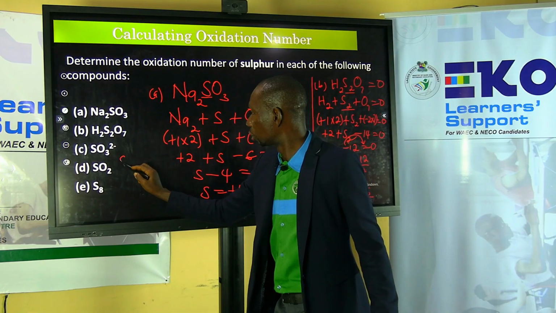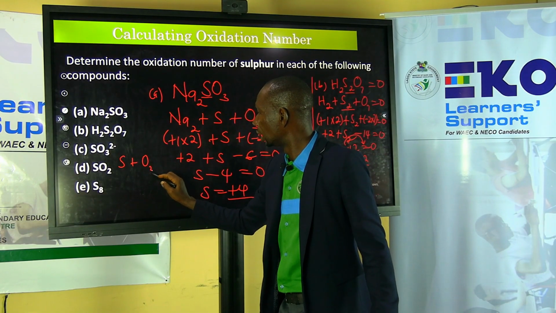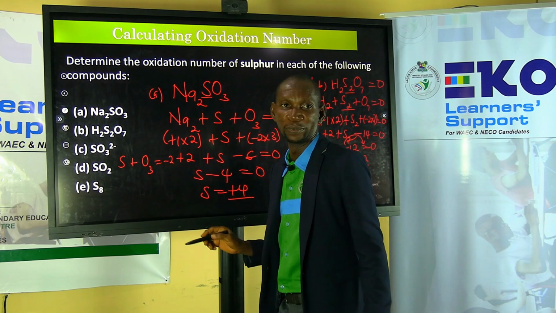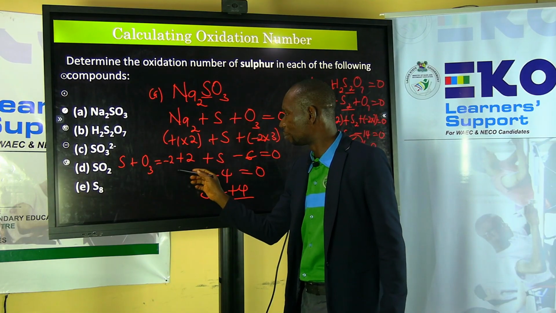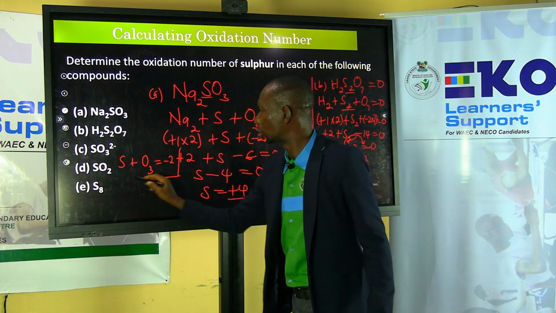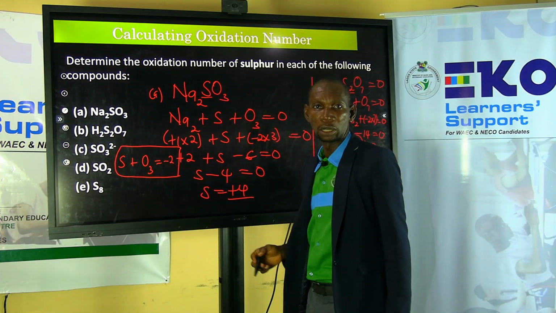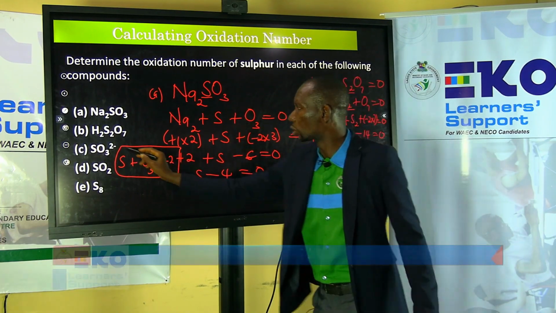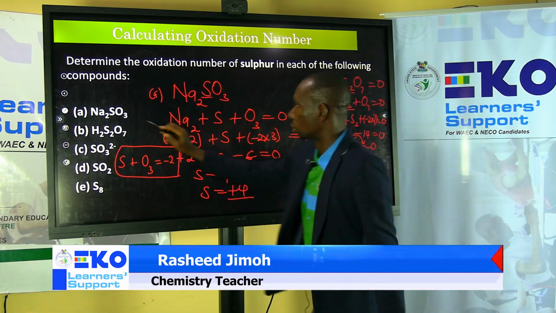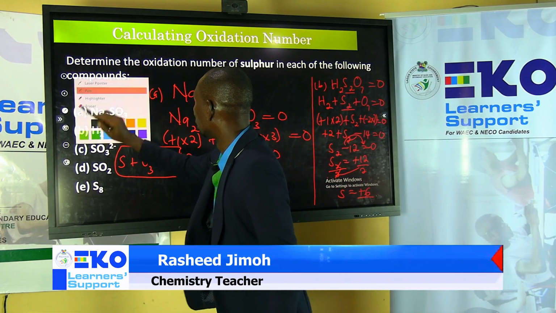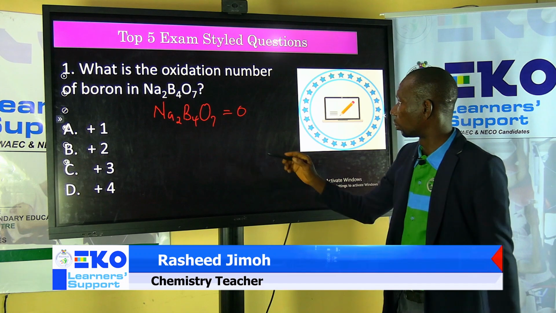So this has to be S plus O3 equals minus 2. I wasn't willing to tell you that before, okay? But now that should help you to do that very well. It's going to be equal to the charge on it, okay? And not 0.